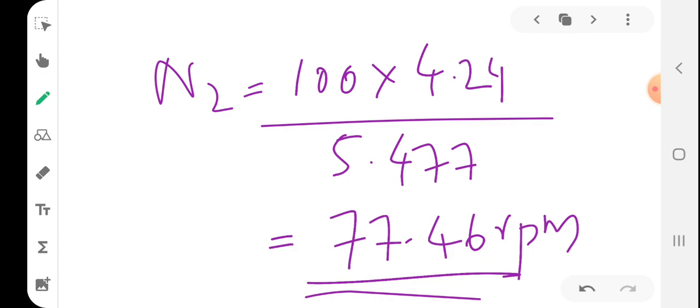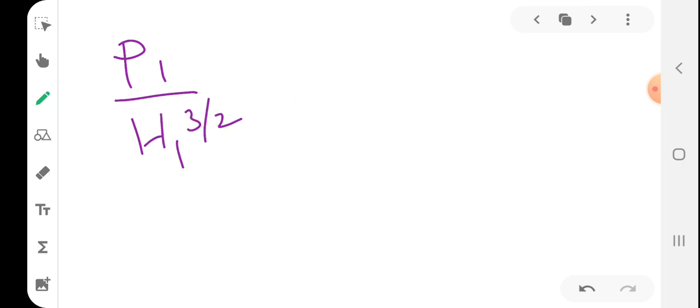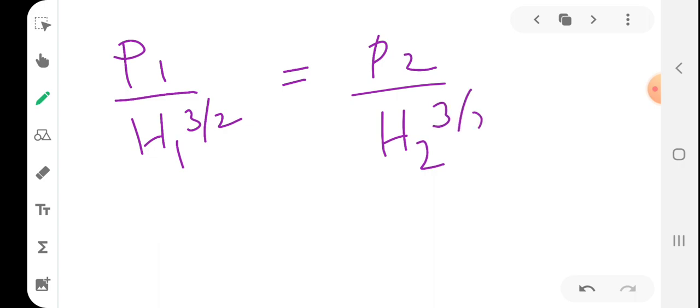So this is the speed of the turbine when the head of the turbine is reduced to 18 from 30. Similarly, power P1/H1 raised to 3/2 is equal to P2/H2 raised to 3/2, right? P1 is given in the question, that is 9000 kilowatts.